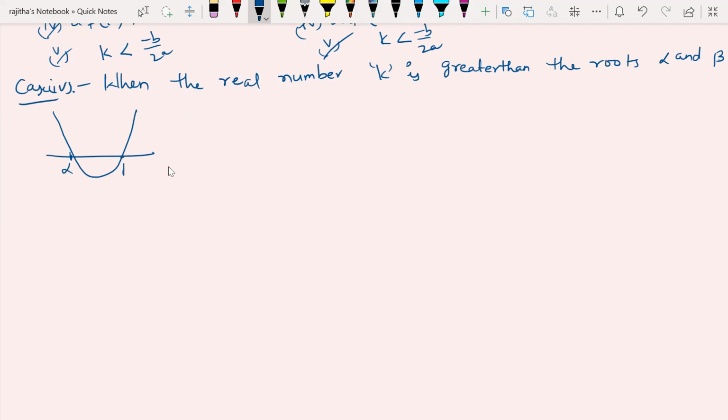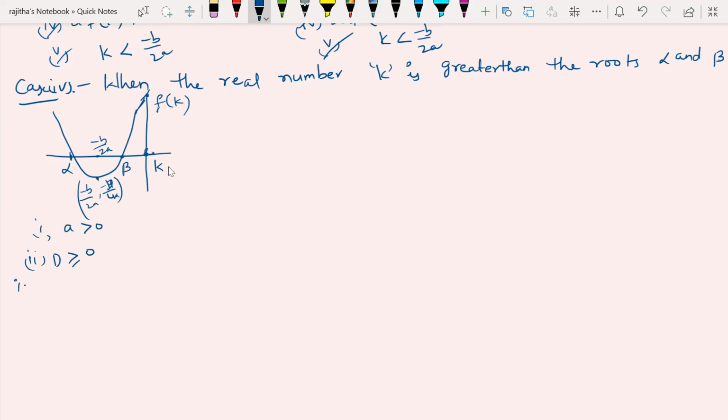Here are alpha and beta, and here is k, with f of k, greater than alpha and beta. This point is minus b by 2a, comma minus D by 4a, the minimum point. Here a is greater than 0.